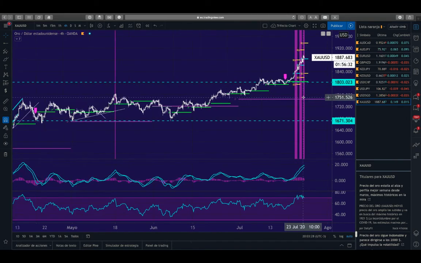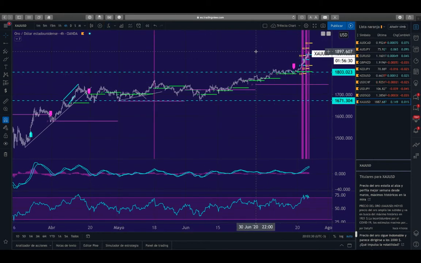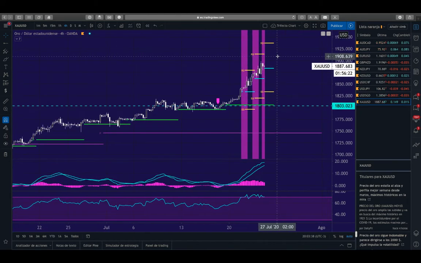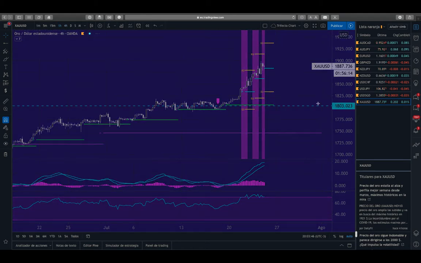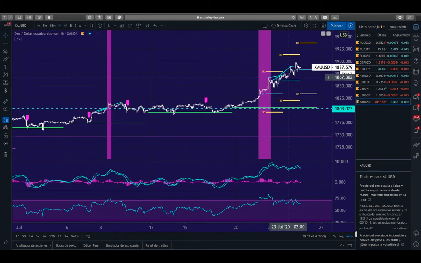So if you are trying to get into this movement, I will play the breakout kind of strategy. For example, in the 1 hour chart, if we break the highest, I will place the trade in the upward direction.